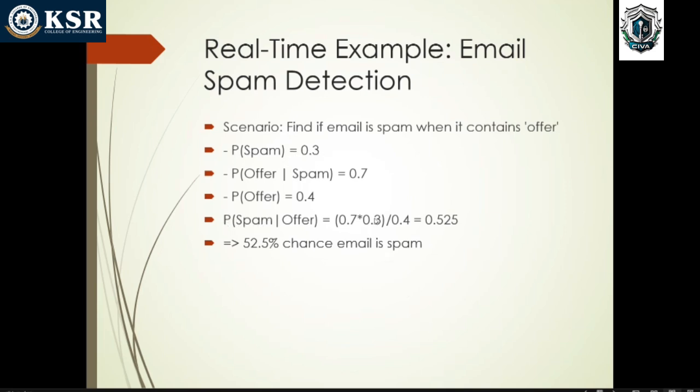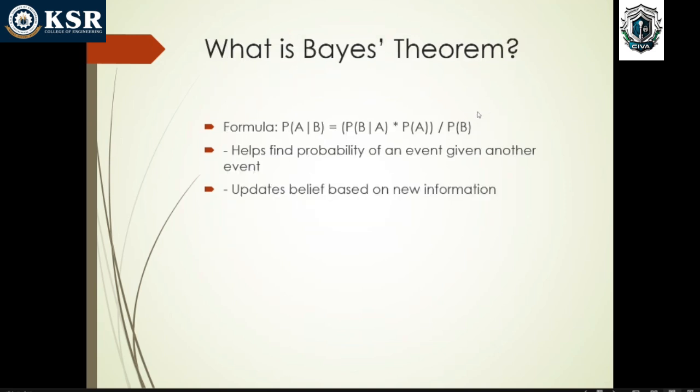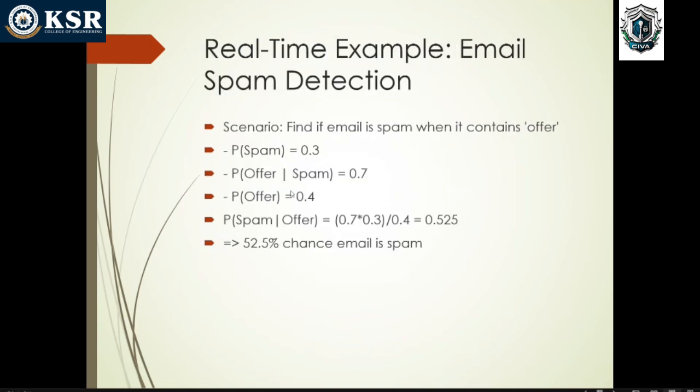Then I divide by P(B), the probability of offer, which I also have. Using this formula, I find that the probability of spam given offer is 0.525. This way I know there is a 52% chance that an email is spam when it uses the keyword offer.